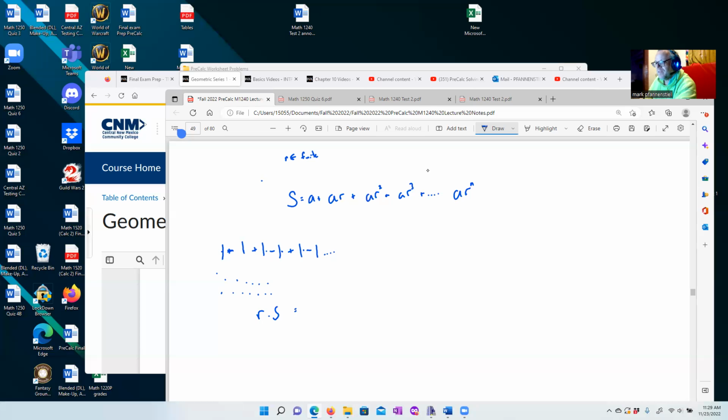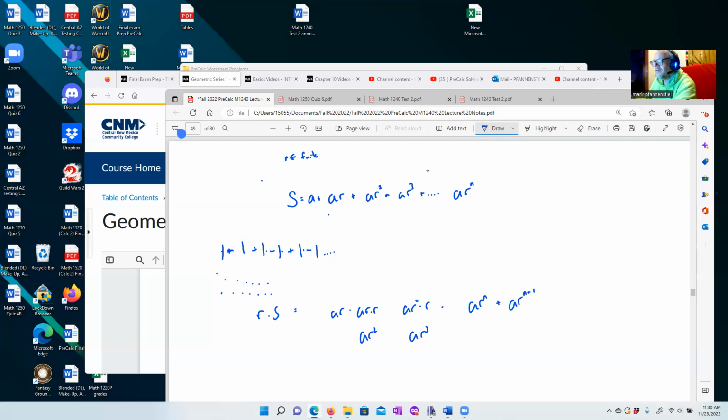It's still finite. If I multiply everything by r, this a times r is now ar. This ar times r is ar squared. This ar squared times r is ar cubed, dot dot dot, and then we have ar to the n, plus an ar to the n plus 1.